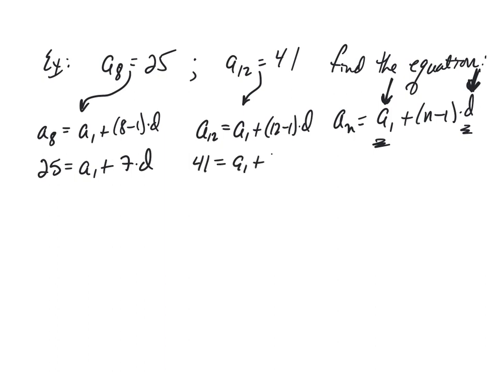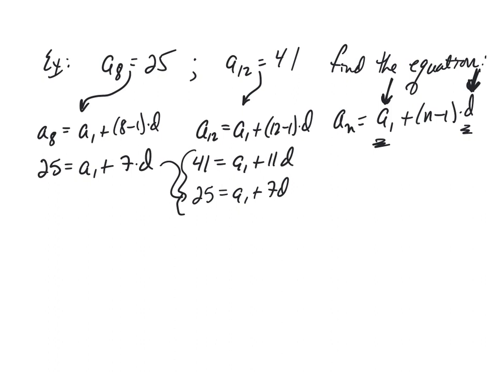Of course, 12 minus 1 is 11. And again, we get one equation in two variables. But what works out really well is, if I slide this over, by doing that with both pieces of given information, now I end up with two equations in the same two variables, and of course we can solve that.